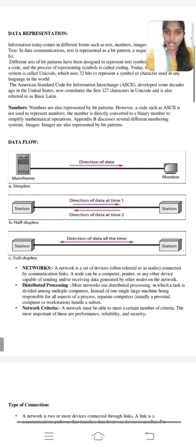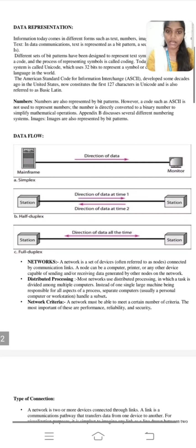Next, numbers. Numbers are also represented by bit patterns. However, a code such as ASCII is not used to represent numbers. The number is directly converted to a binary number to simplify mathematical operations. Several different numbering systems are used. Images are also represented by bit patterns.